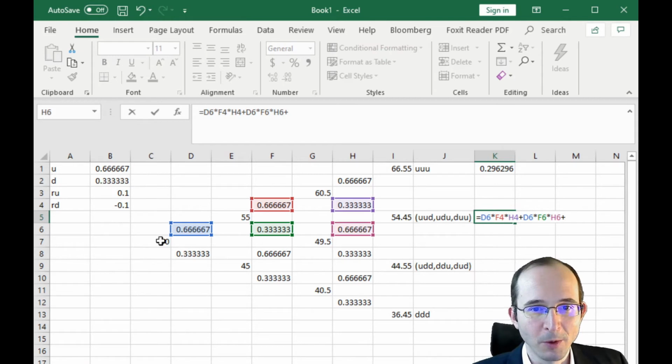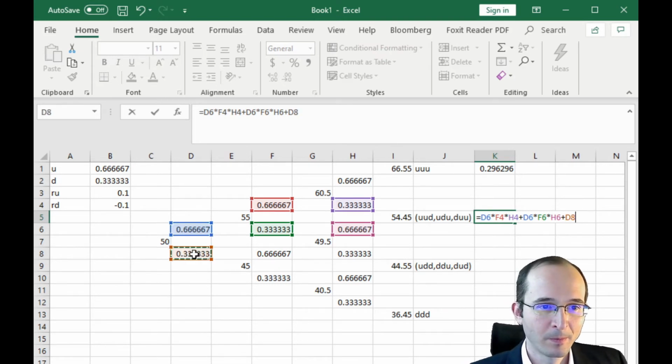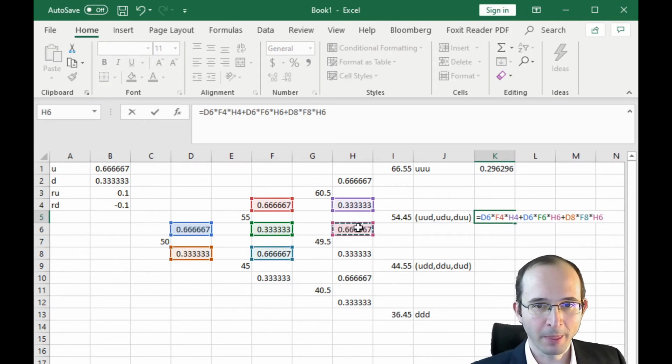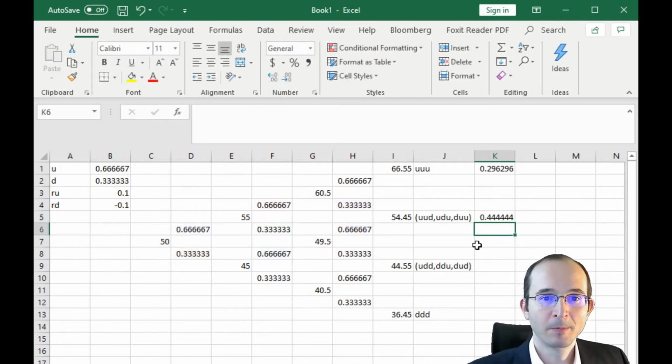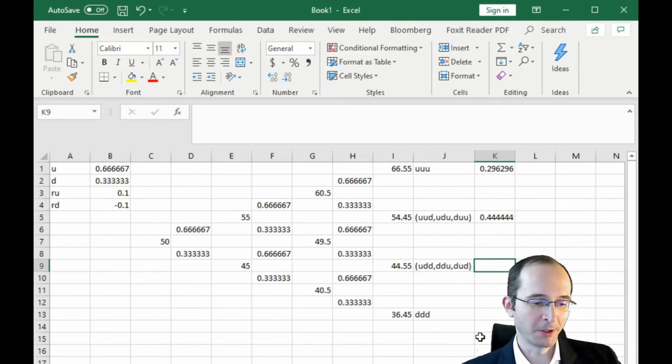And you go down, and then you go up, and then you go up. That is the third. 44% chance of that.